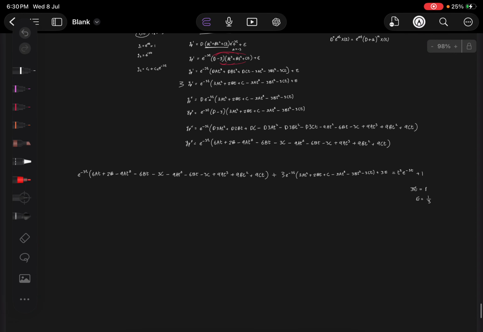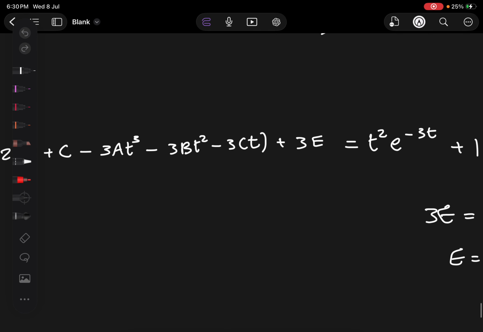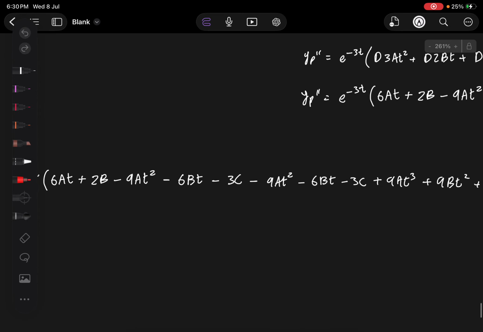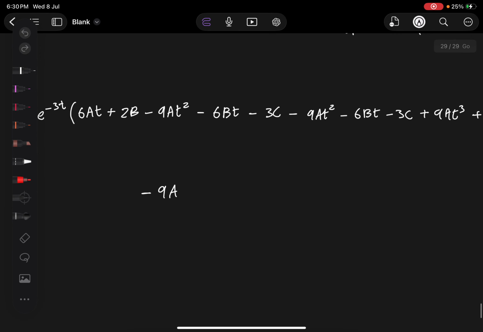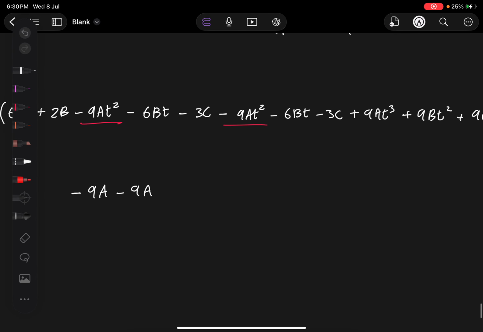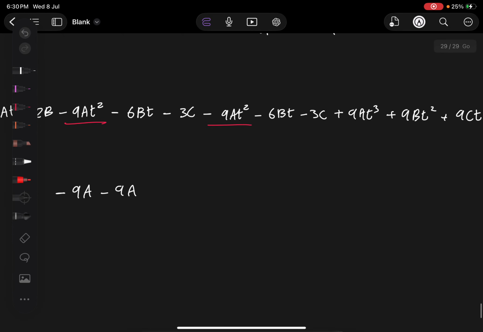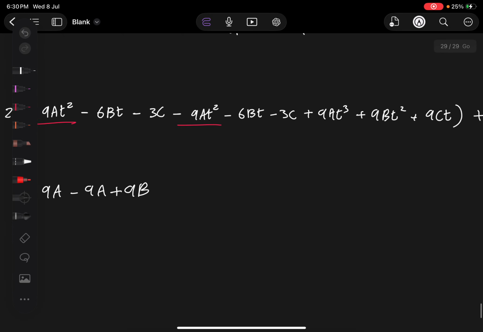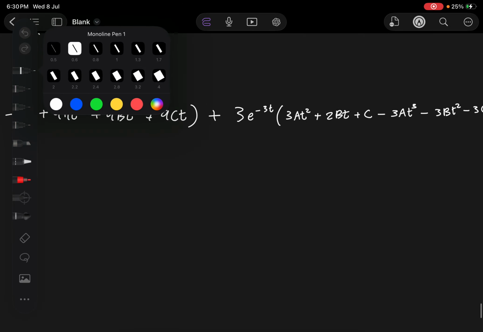And next we need to look for t squared in the parentheses. We have negative 9a, plus 9b. Next, we have 3, but it's multiplied by 3, so you add plus 9a.